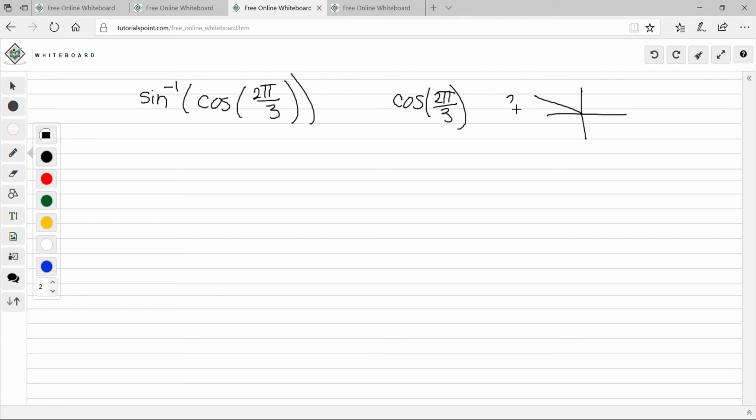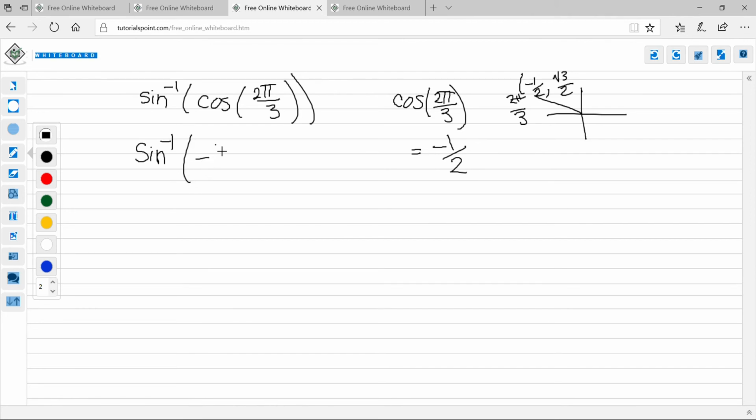Here's 2 pi over 3. It has a coordinate of negative 1/2, comma, root 3 over 2. So the cosine of 2 pi over 3 is negative 1/2. But we're not done. You have to put that into the equation, so it's sine inverse of negative 1/2.